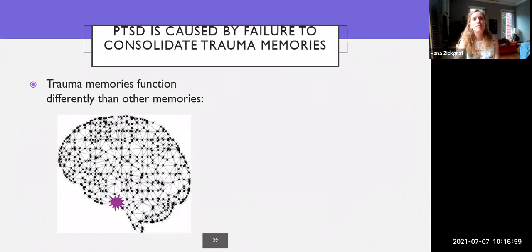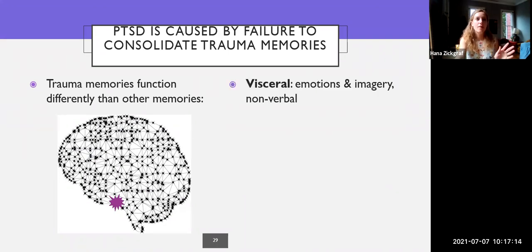Okay, so one piece of the etiology of PTSD is that PTSD is caused by a failure to properly consolidate and store memories of the traumatic event. So trauma memories are different than other memories. When they are recalled and remembered, the experience of remembering is much more visceral than the experience of remembering most other autobiographical memories.